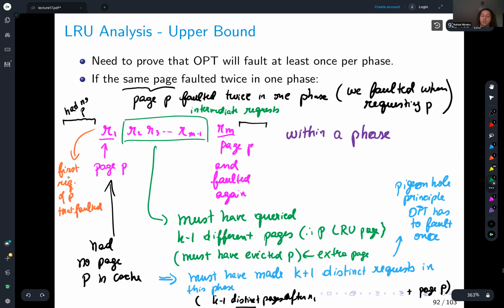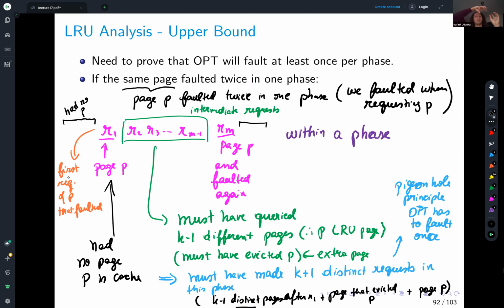So we have k minus 1 distinct pages after R1, plus the page that evicted P, plus the page P, right? So we request P at R1 in our phase. Then we do k minus 1 different page requests that were already in our cache at least.